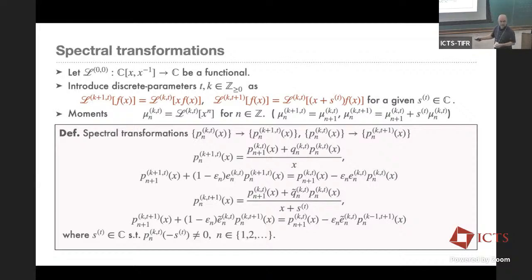But basically, S of t can be chosen freely in each time step. And this leads to the carrier capacity of each time. Okay, I see. Yes, in every step, we can choose this parameter S of t because the orientation originally comes from this parameter.